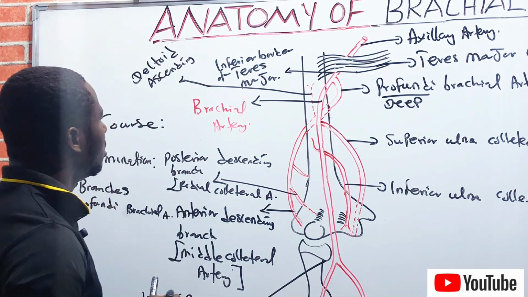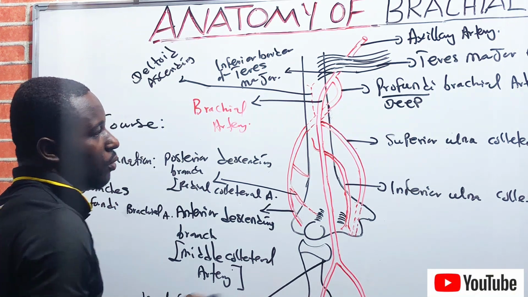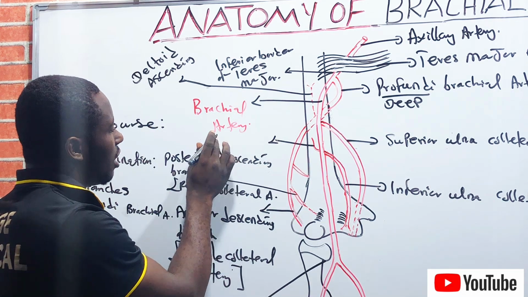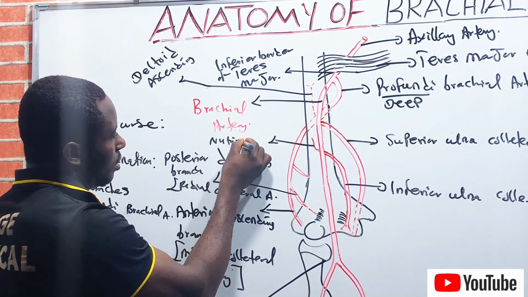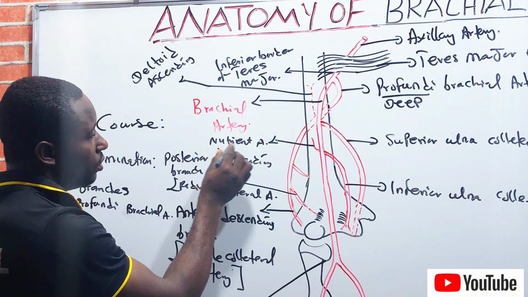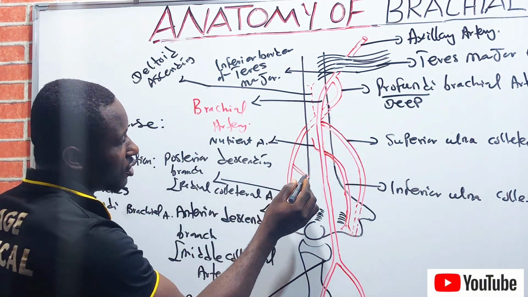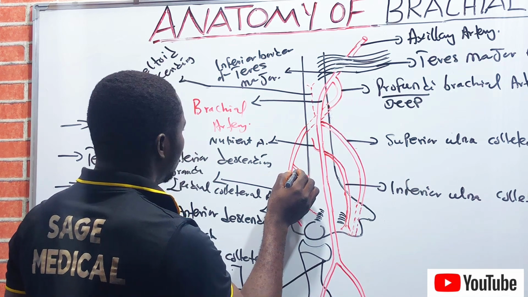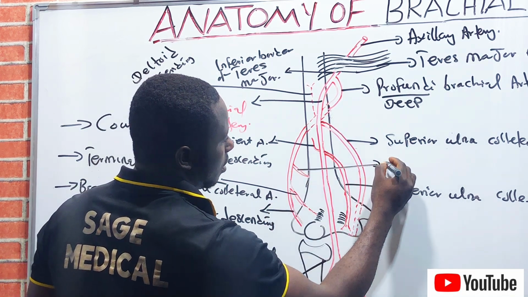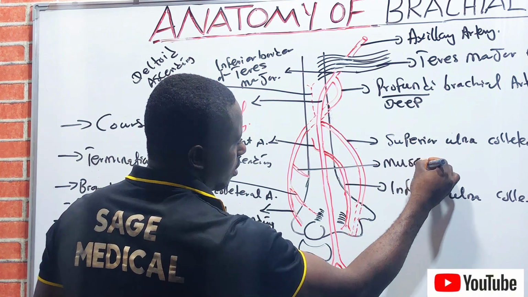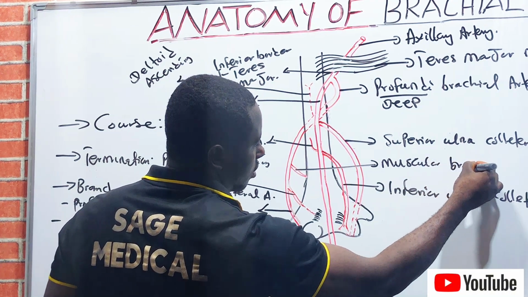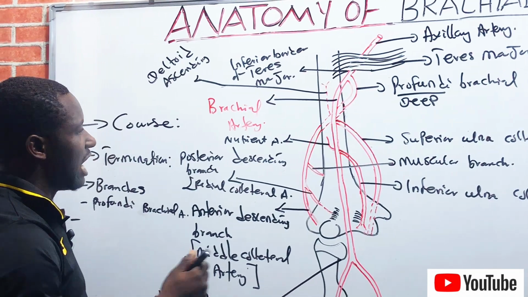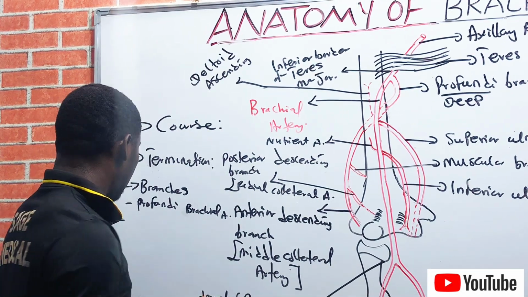We have the nutrient artery, which supplies the humerus through its nutrient foramen. We have the muscular branch. So those are the branches of the brachial artery.